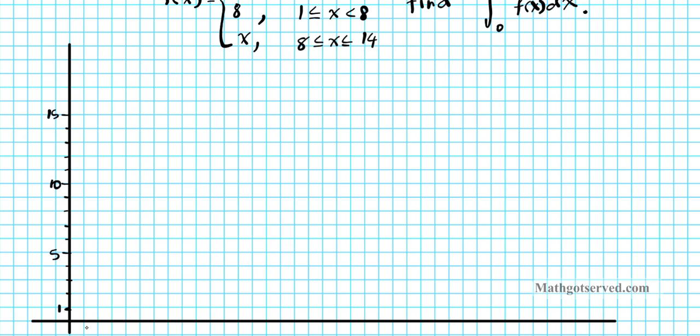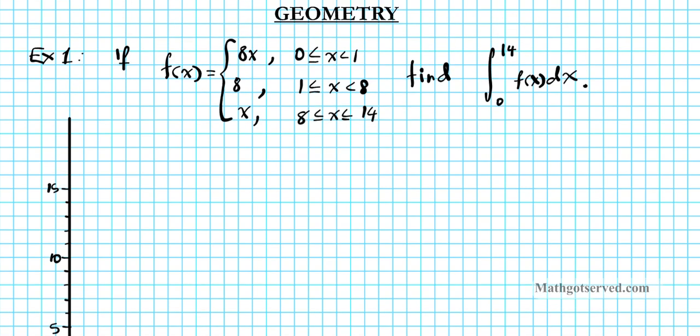All right, and then for my x-axis, I'm going to go by 2s. I'm going from 0 to 14, because if you look at the constraints on our x's for the function, we're going from 0 all the way to 14.